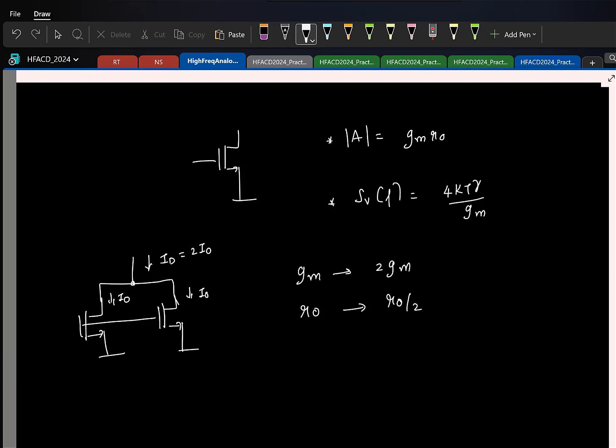So the idea is the following. Let us say you have designed some circuit. Let us say you feed the input here, take the output here, and it has lot of internal nodes in the circuit. So it has some transfer function H(s). Now the goal is I don't want to modify the transfer function, but just reduce the noise power spectral density by a factor of 2.